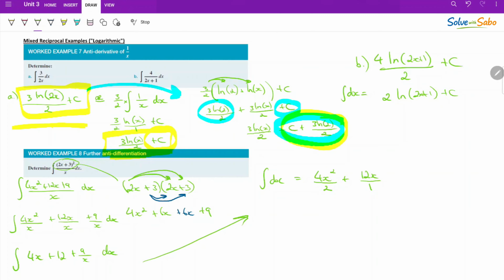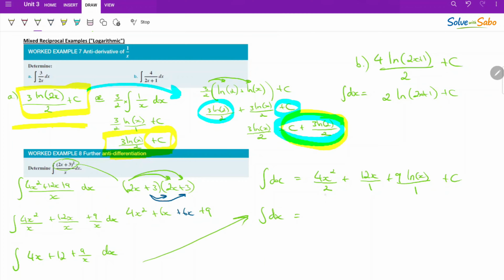Now this is where you fall into a false sense of security. You forget the 9 over x needs to be a log. Most of us want to go, yep, cool, 9x to the 0 over 0, zeros cancel out, it goes away. No, no, no, we can't do that. We have to remember that that's going to become 9 ln x, divided by the derivative of the bracket, plus c.